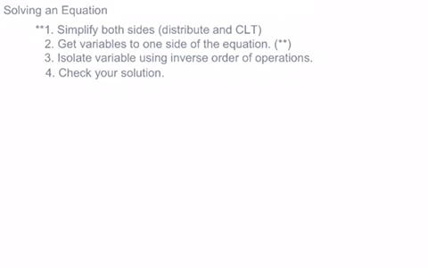They might be on both sides, but you have to move them to one side. We're going to be focusing on the third and fourth steps for now. Later on, we'll be using steps 1 and 2 over and over again. Step 3 is to isolate the variable using inverse order of operations, and the fourth step is to check your solution.